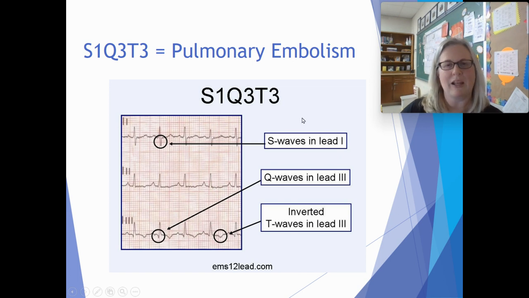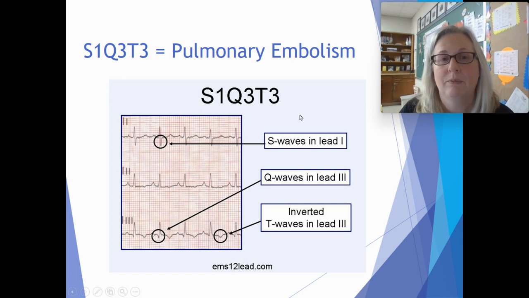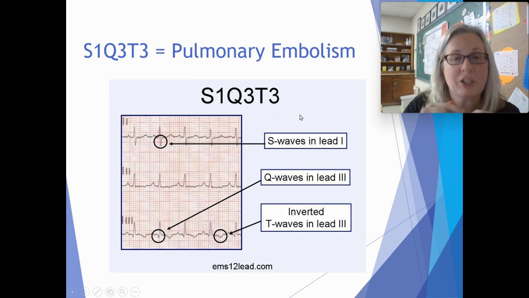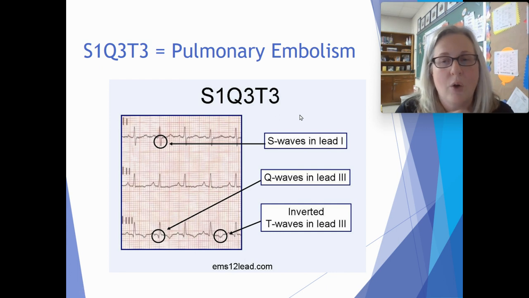So this formula, the S1Q3T3, refers to the waveforms of the QRS complex. S1 refers to the S wave in lead one being large and deep.